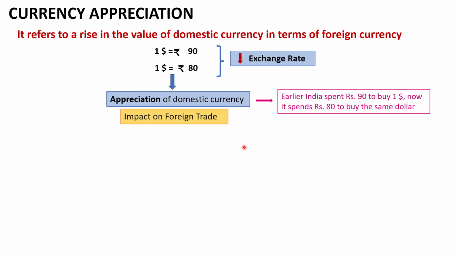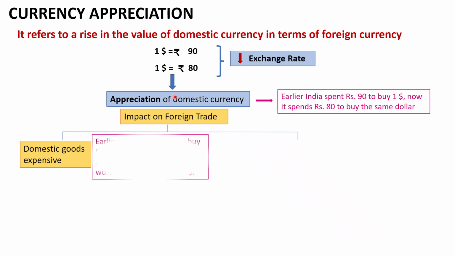Let's study the impact of appreciation of domestic currency on foreign trade, that is, on exports and imports of India. Now, domestic goods become expensive because of appreciation of rupee. How?